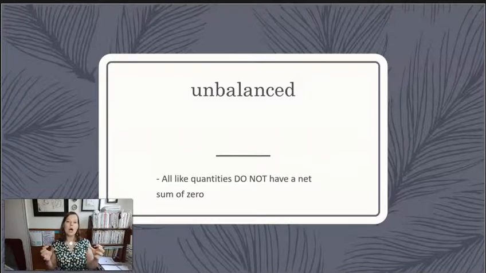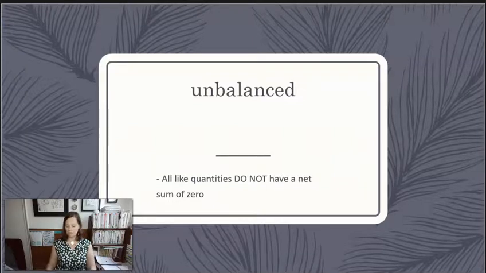So when you have an unbalanced situation, all of the quantities do not add up to 0. Okay, so if something is unbalanced, it means that when you add everything, if I push on this side of something and I push on this side, I could still get it to move if one of those forces was bigger than the other one.